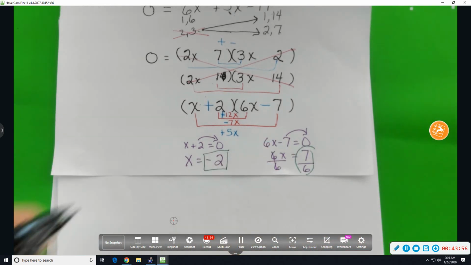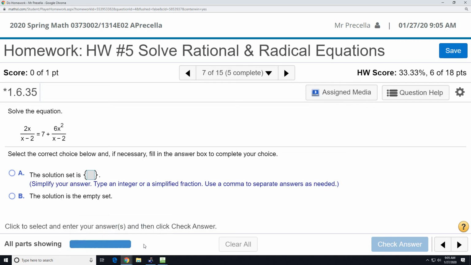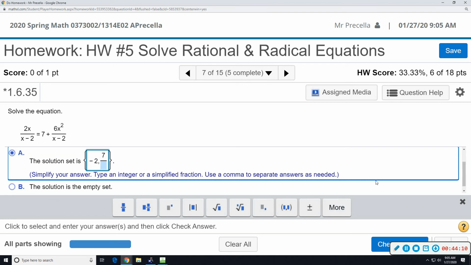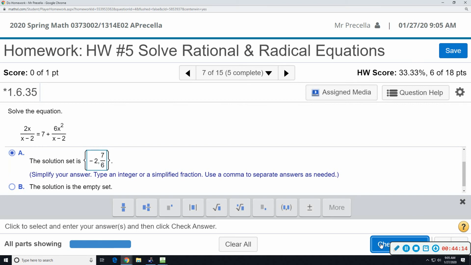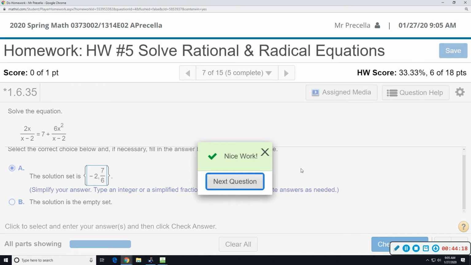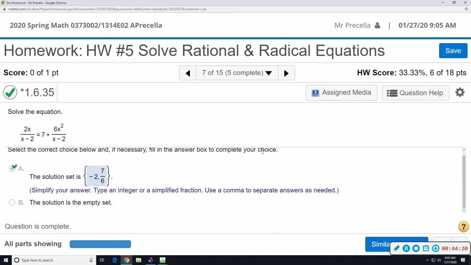Negative 2 is the other. So negative 2 and 7 over 6. Negative 2, comma, 7/6. Any questions there? I think maybe that was the most involved one.